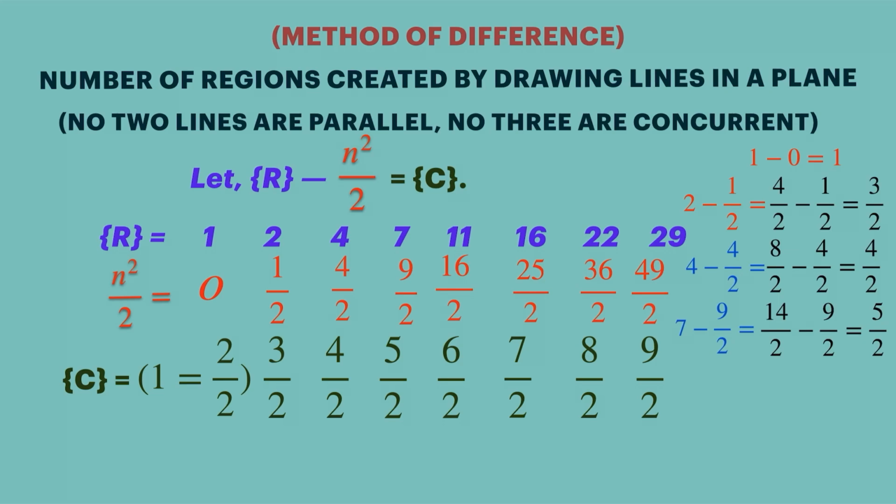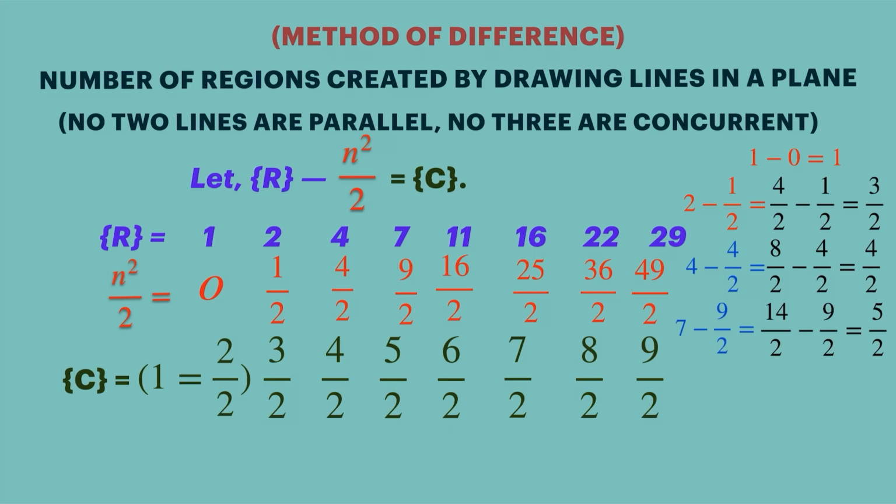If you notice the sequence C carefully, it is clearly seen that the sequence is like 2 by 2, 3 by 2, 4 by 2, 5 by 2, 6 by 2, 7 by 2, 8 by 2, 9 by 2. So this sequence is like n by 2, but it is not exactly n by 2, because the sequence does not start from 0 by 2 and 1 by 2.